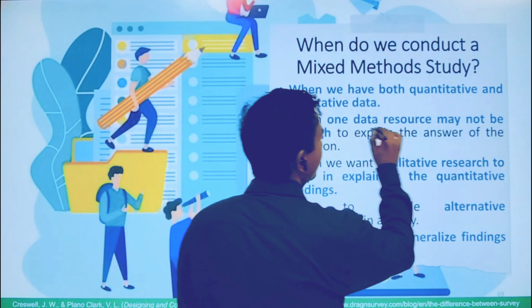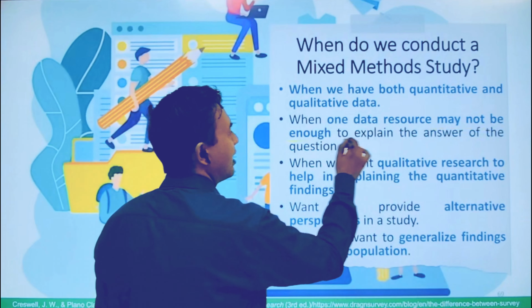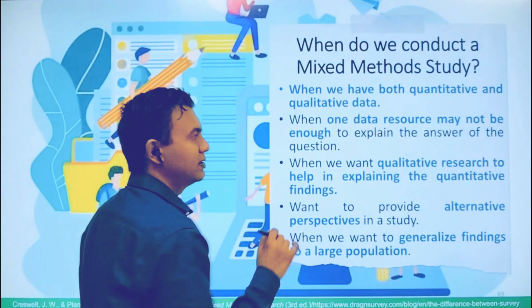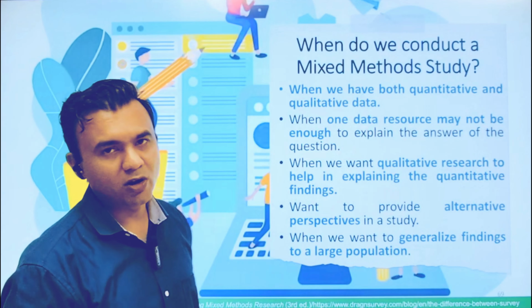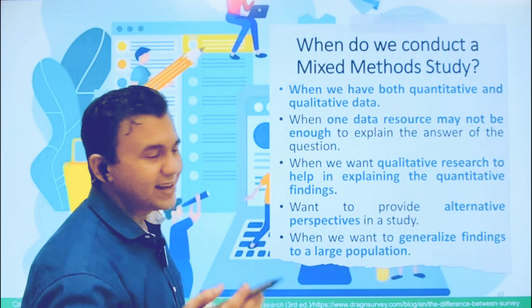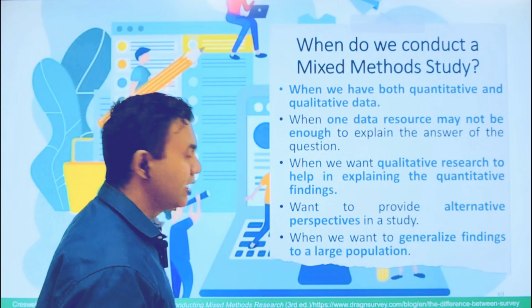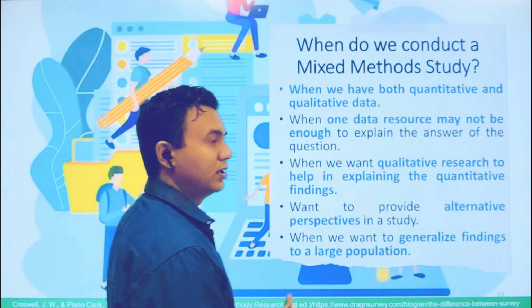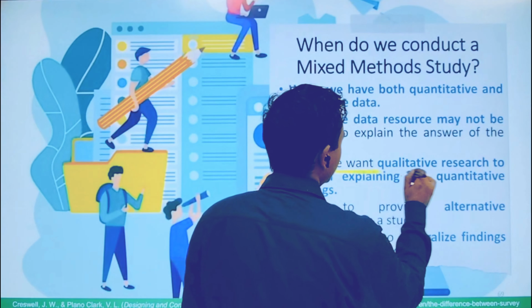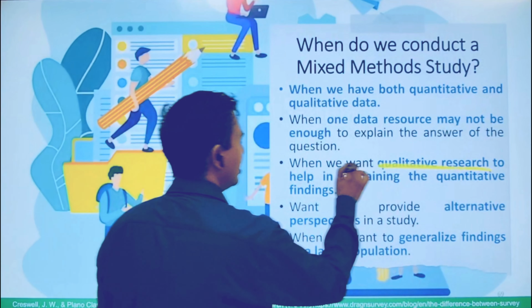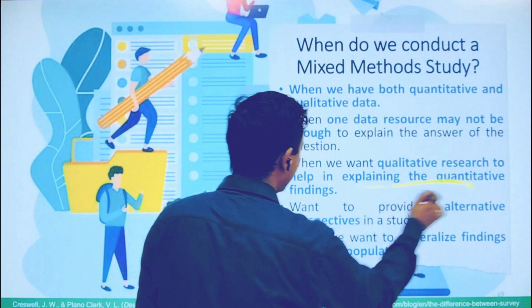When one data source may not be enough to give the answer to the question, in that case, we have to have more data, right? Either qualitative or quantitative. When we want qualitative research to help in explaining the quantitative findings, right?